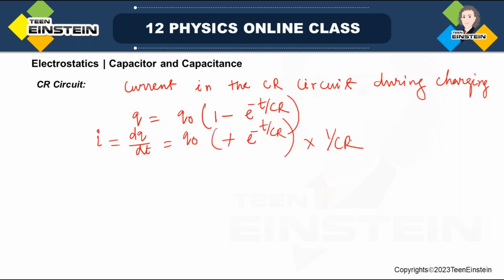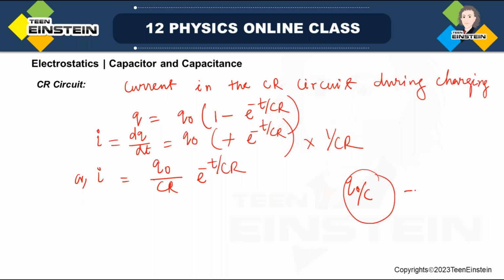So we get Q0 by CR into e to the power minus t by CR.